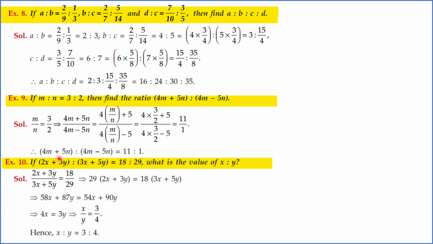Therefore, 4m plus 5n is to 4m minus 5n equal to 11 is to 1.